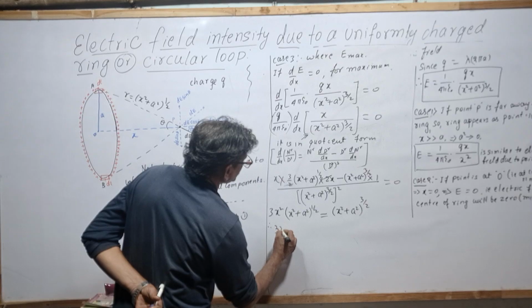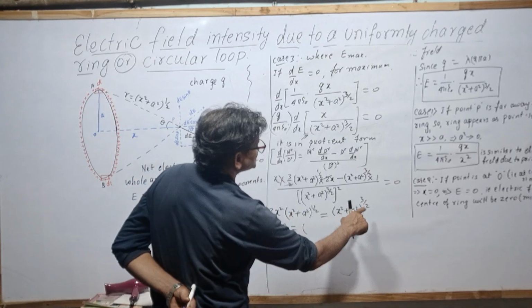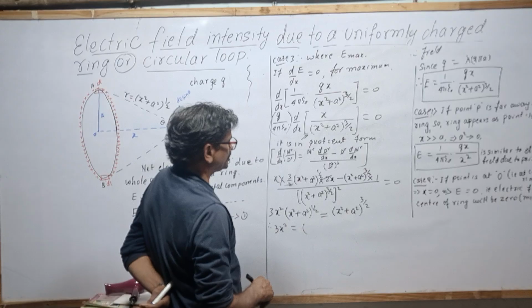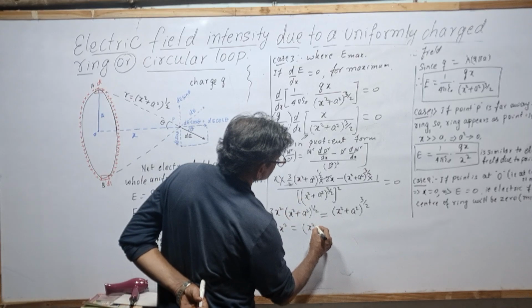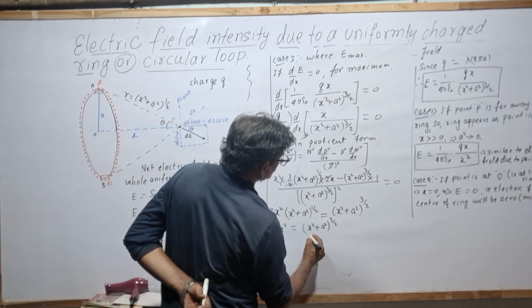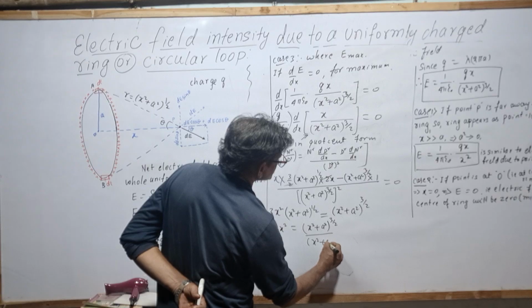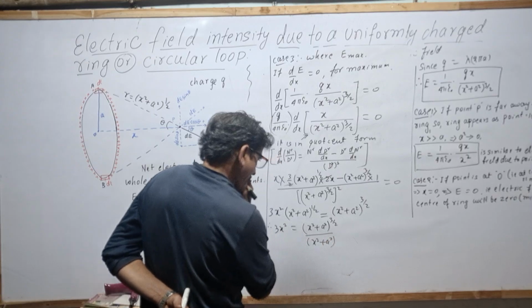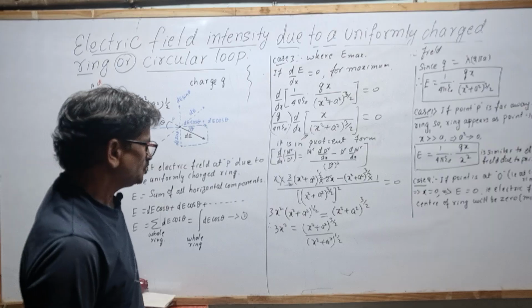Now 3x square equal to, if you take this side, it comes in denominator: x square plus a square to the power 3 by 2 divided by x square plus a square to the power 1 by 2.